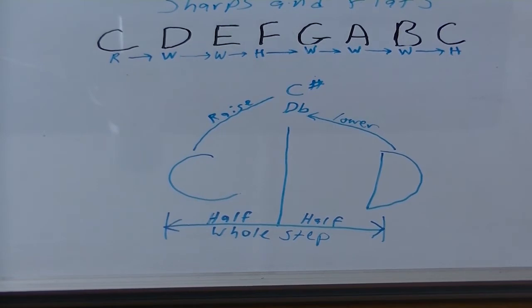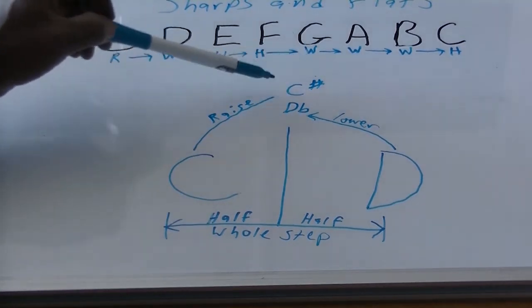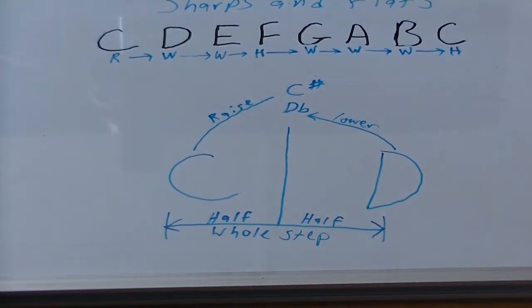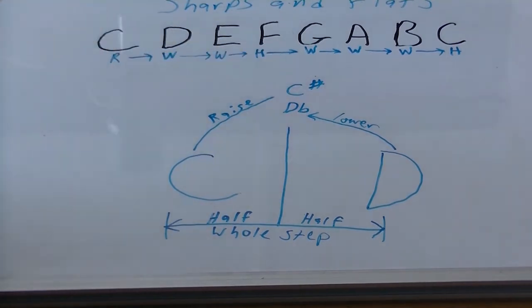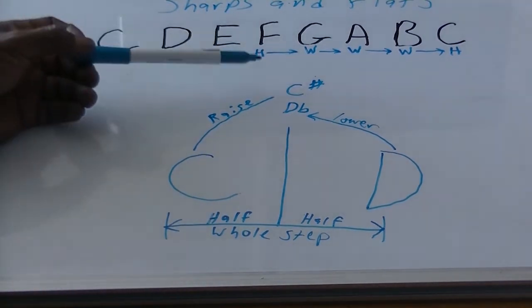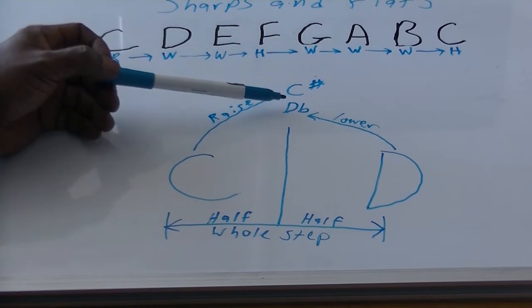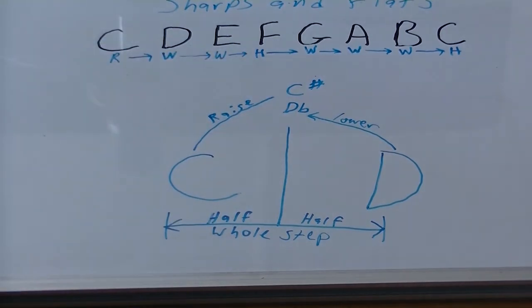So what we can see here is we actually have two names for this note, C sharp and D flat. And in all honesty, if you were to call the note C sharp, you wouldn't be wrong. Or if you were to call it D flat, you wouldn't be wrong.